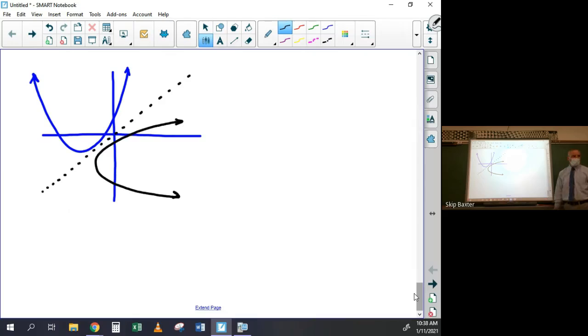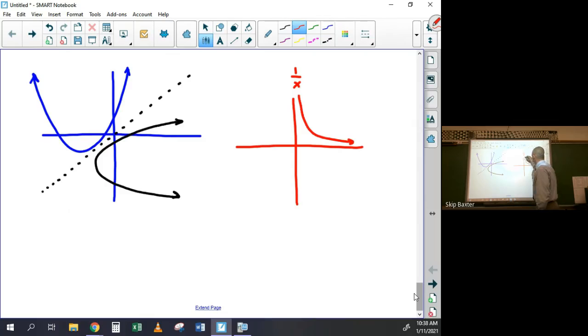So how do they overlap? Is that how you get the one that is the exact same? Yeah, a function whose inverse is itself would have to be a function that is originally symmetric over the diagonal. Like, for example, 1 over x. 1 over x looks like this, right?